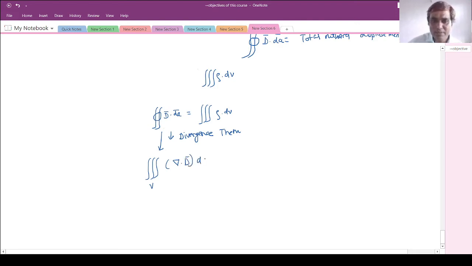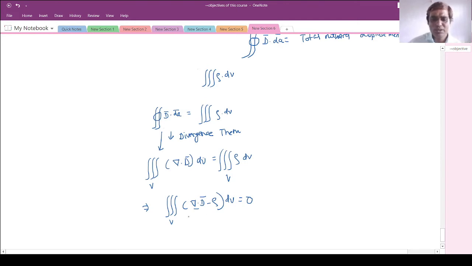It will be with small volume dV, and it will be equal to the right side, that is the total charge present inside V. So now this is equal, so I can bring it to one side: triple integral over V of the gradient dot D bar, which is nothing but the divergence, minus rho, for small volume dV, will be equal to 0.